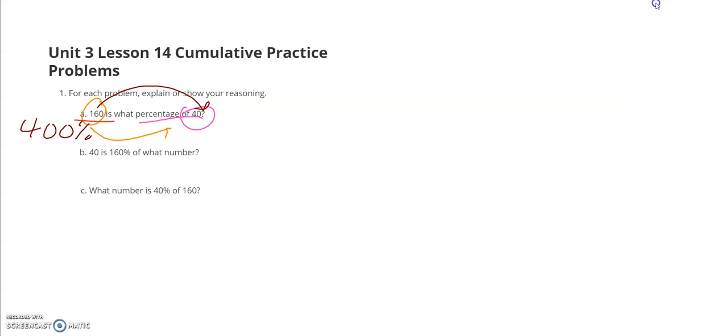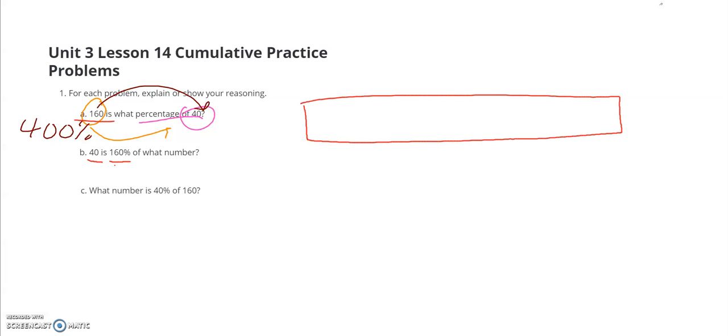The next one says 40 is 160% of what number? Whoa, what's happening? 40 is 160% of what number? So 40 is 160%. This is 40.